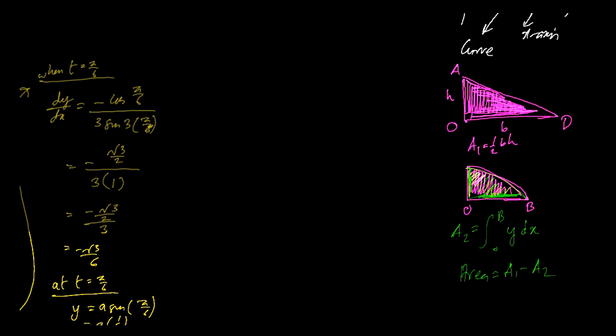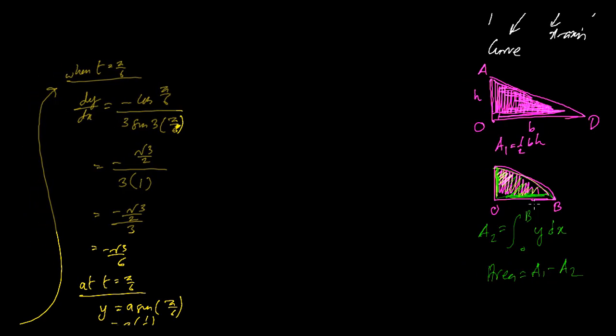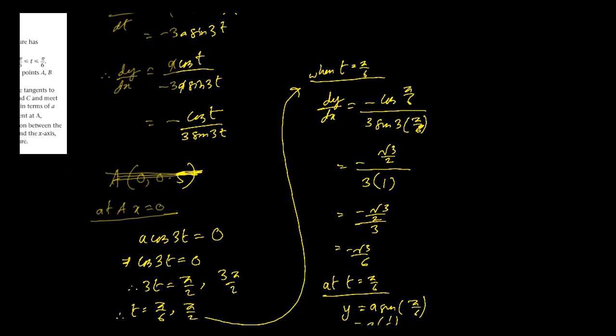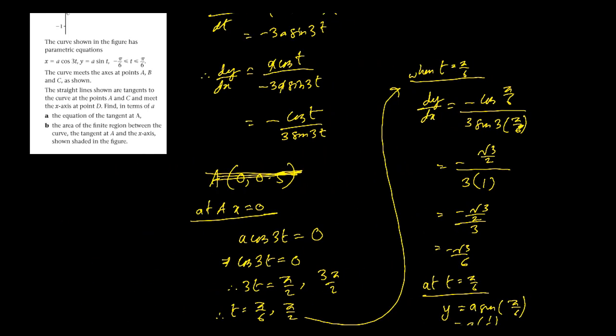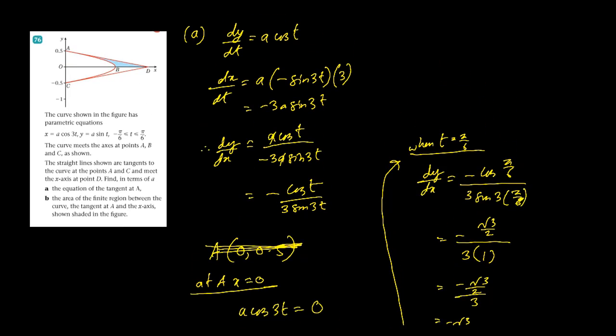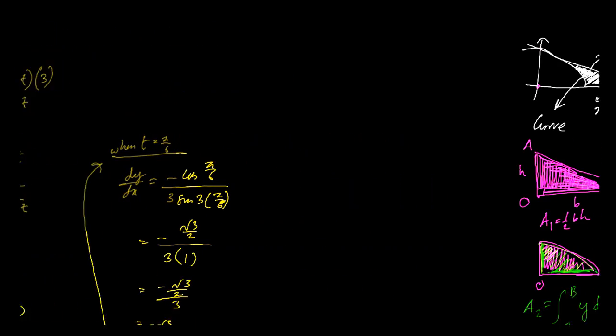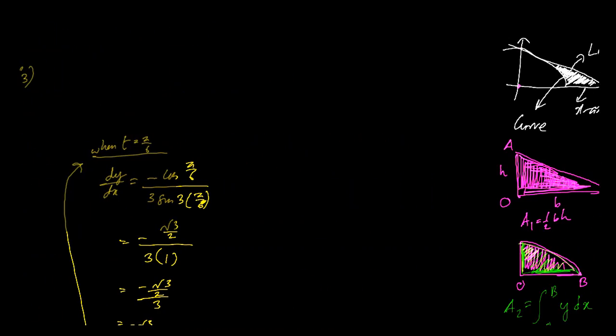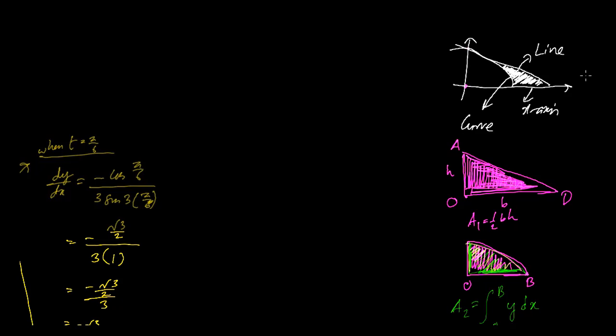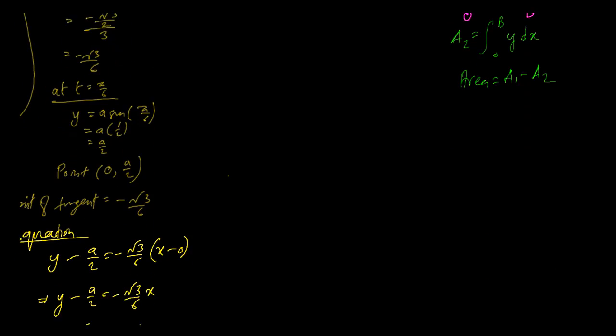So let's get back to the sum. To find the area here, we can find where the tangent cuts the x-axis. If we know where the tangent cuts the x-axis, and we know the y-coordinate of A, then with half into base into height we can find the area of this triangle. We know the equation of the tangent is this one.